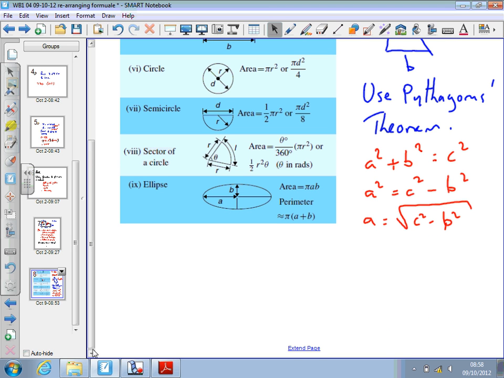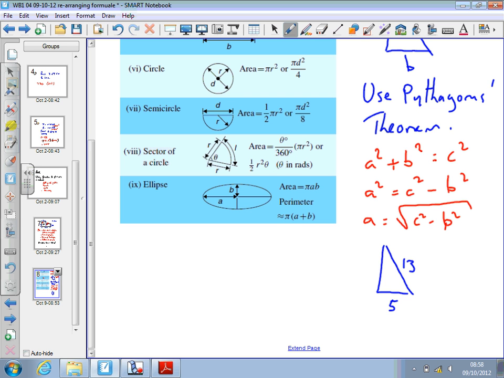So let's say I had this right angle triangle. This side is 13. This side is 5. Find the missing side in one hit on your calculator.